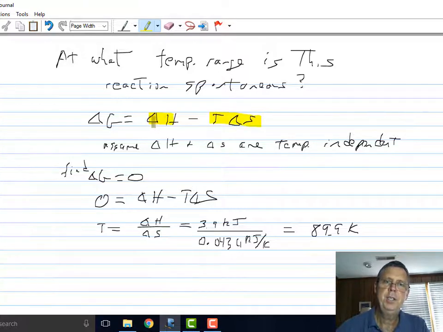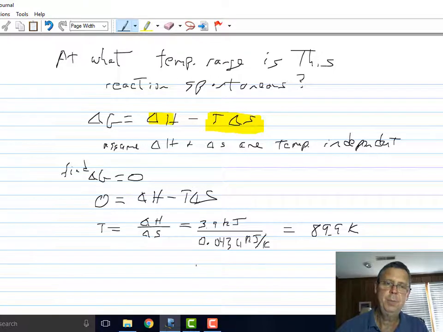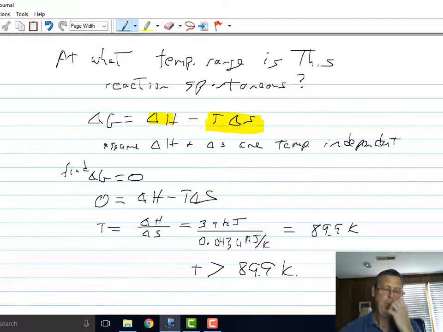We know that delta H and delta S are both positive. For delta G to be negative, the delta S term has to dominate. It's only going to dominate more at higher temperatures. Therefore, this reaction is only going to be spontaneous if temperature is greater than 89.9 degrees Kelvin.